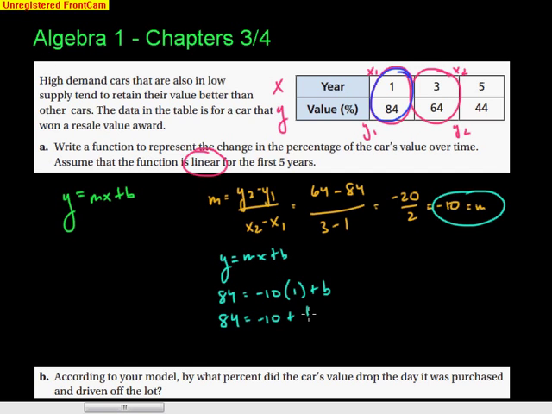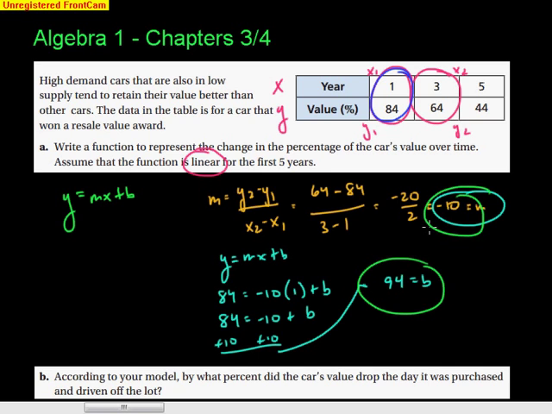I'll add 10, so 94 equals b. Now I'll take my b and my slope and create my equation: y equals negative 10x plus 94.